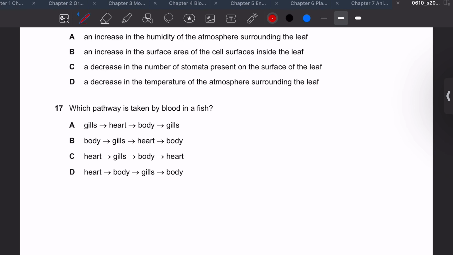Number 17. Which pathway is taken by blood in a fish? Okay, so it's talking about the circulatory system in fish.